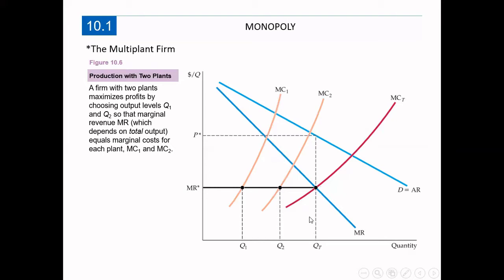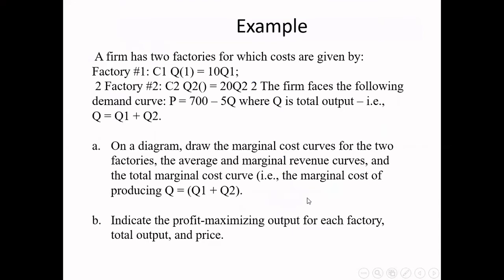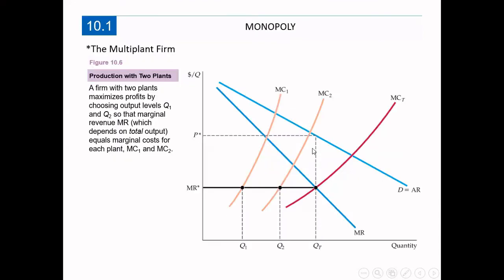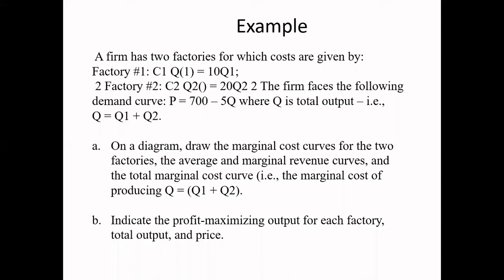And if I'm looking for the demand, this product demand, then I will determine the price according to this intersection. If I have problems, and usually I ask for such a practice, if I have a function, this is function 1, the cost function, it is 10Q1, and the other factory, as you see here, quantity 2, 20Q2, okay?